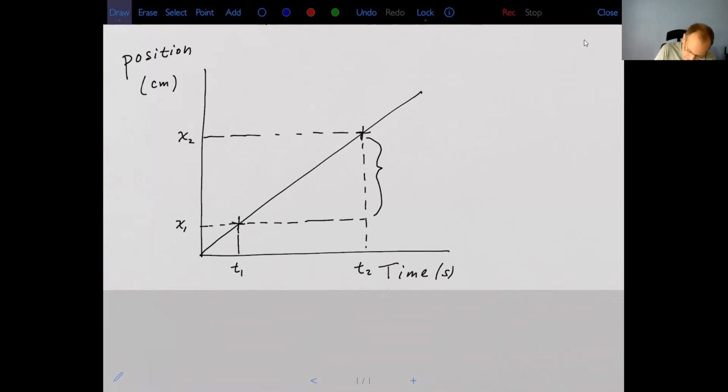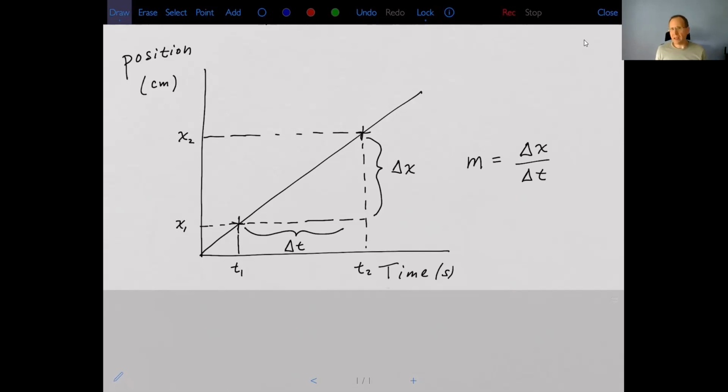So this will be delta X. It's gonna be X2 minus X1 over the run, which is the change in time. So the slope is equal to delta X over delta T.